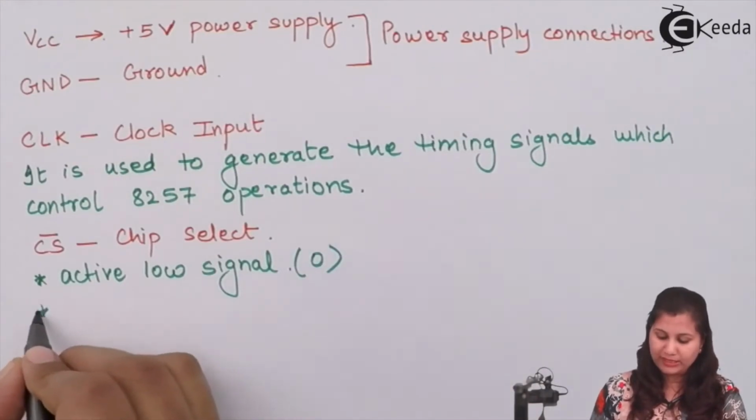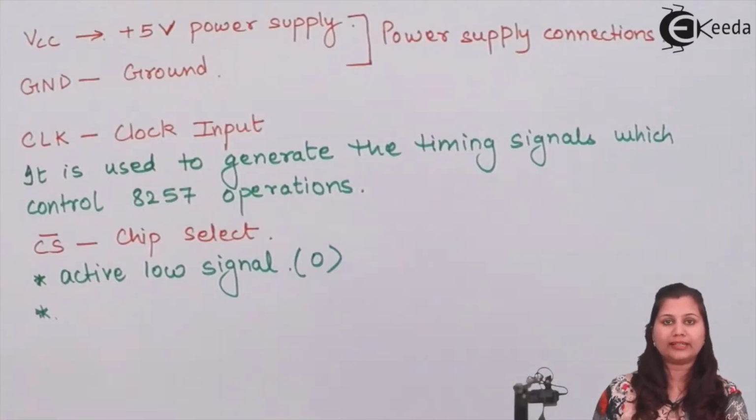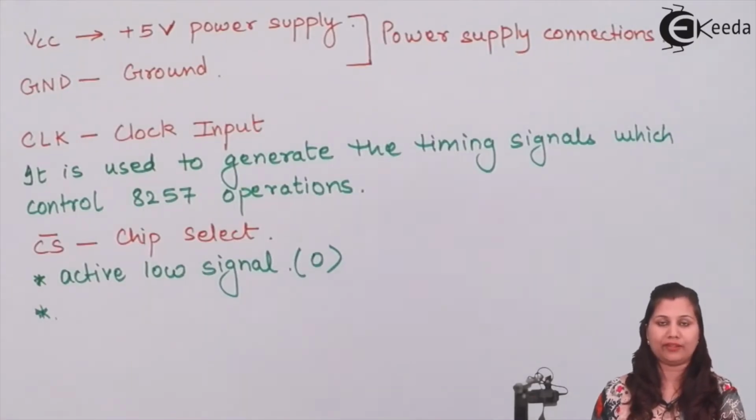Now this chip select signal is used to select the IC 8257. Whenever the microprocessor is connected with the DMA controller and wants to use it, it has to select that chip. Then only the DMA will operate, otherwise it will not operate.